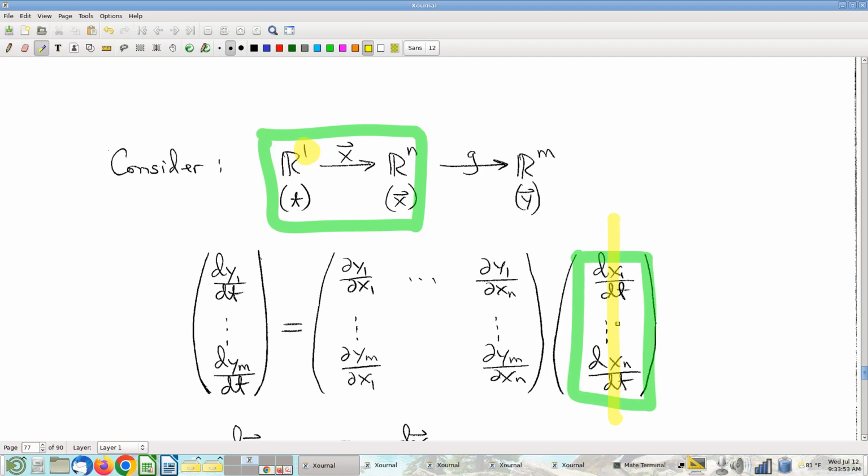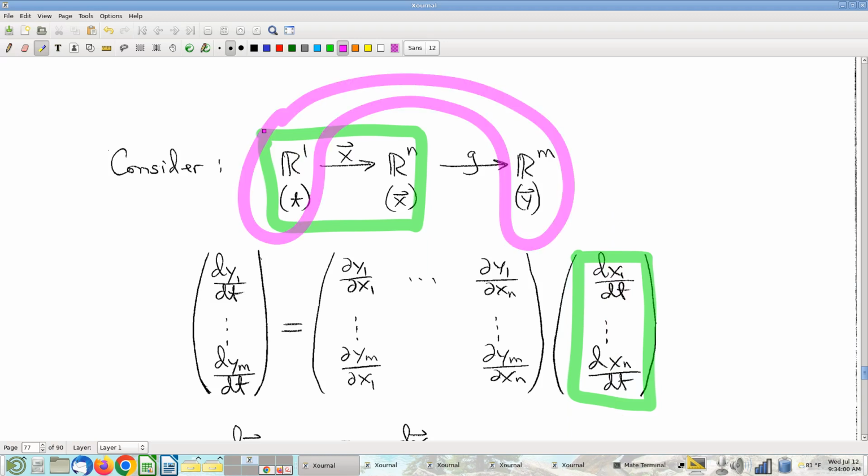But now furthermore, let's look at the eventual composition. The composition function takes all of the y coordinates as being functions of t. Position, again, as a function of time. So likewise, with only one input variable, there's only one column.